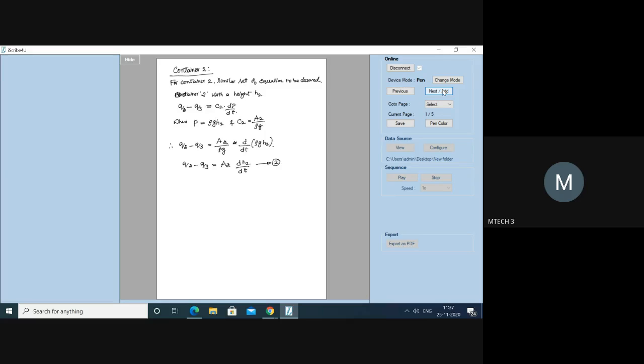Thus, for resistor R2, I'm writing the same way as in the previous one. Now you tell me: P2 minus P3 will be equal to R2 into Q3, very good.